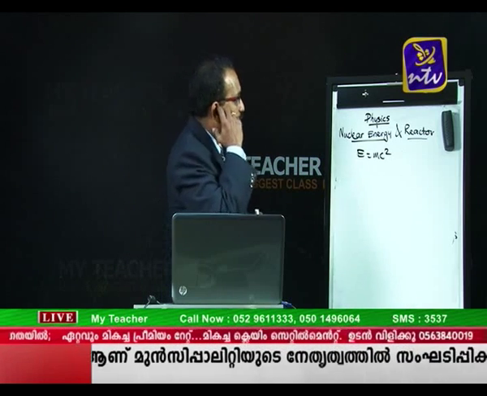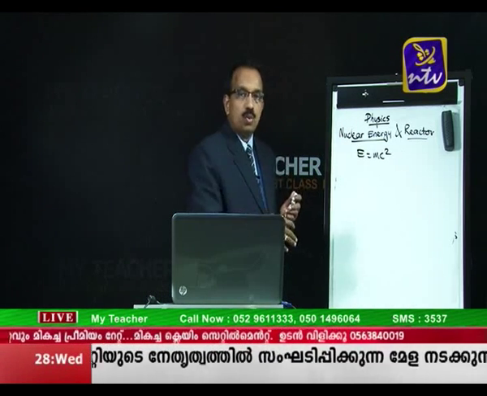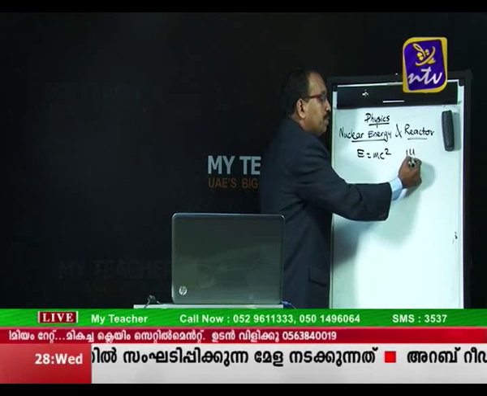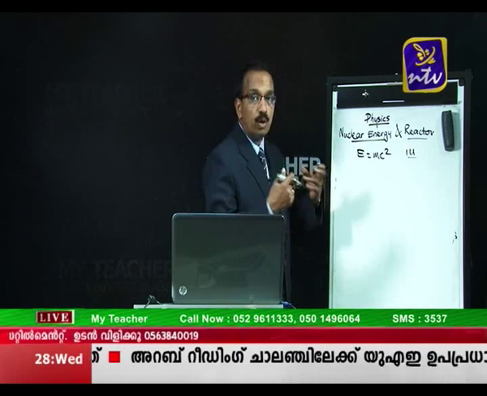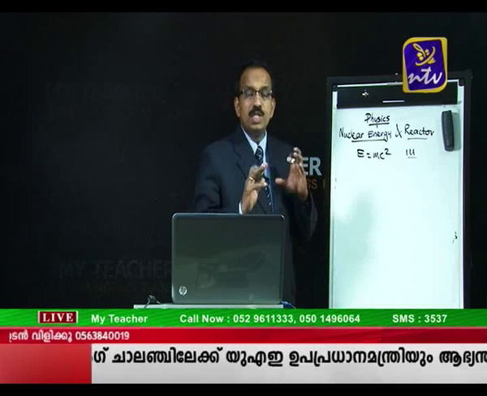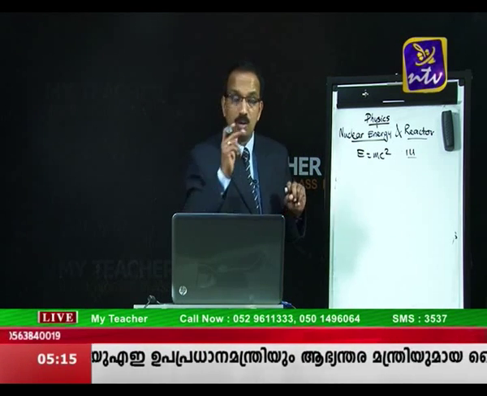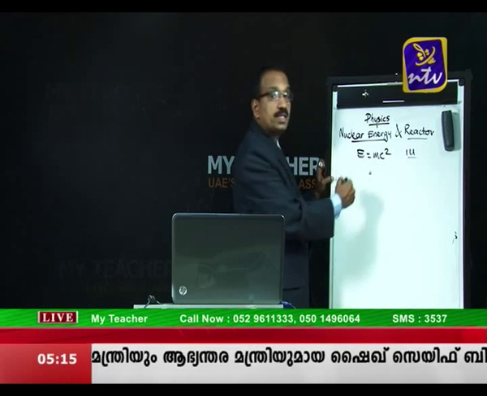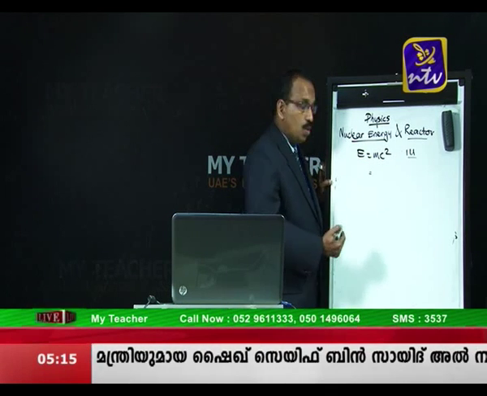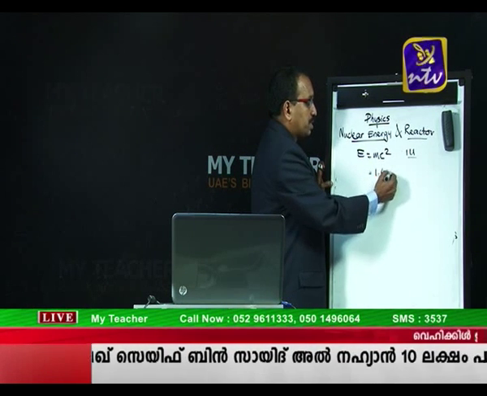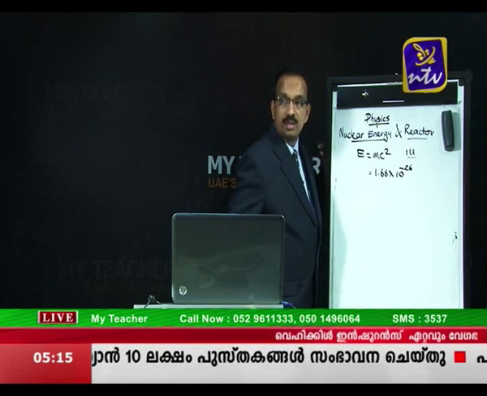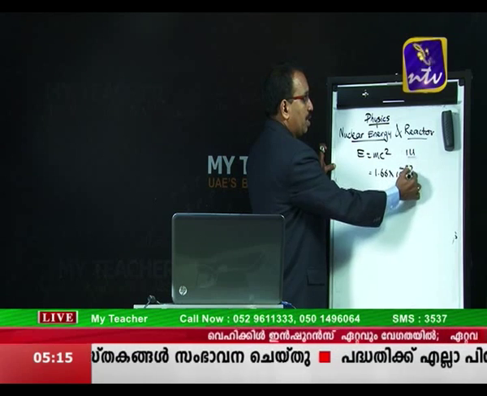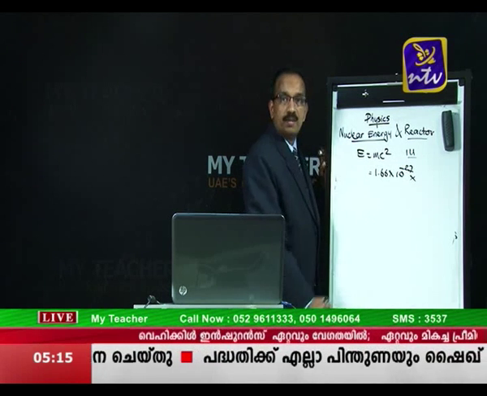For example, in a reaction, one AMU, or one unified mass, is lost during the reaction. That means it releases some amount of energy. How much energy? Mass, you put it as 1 AMU. 1 AMU is 1.66 times 10 to the power minus 27 kg, multiplied by c squared.